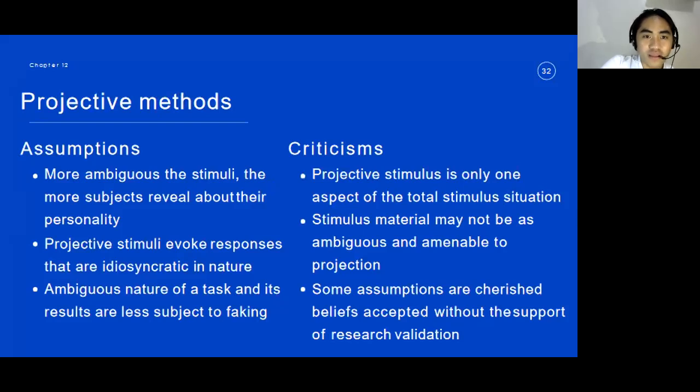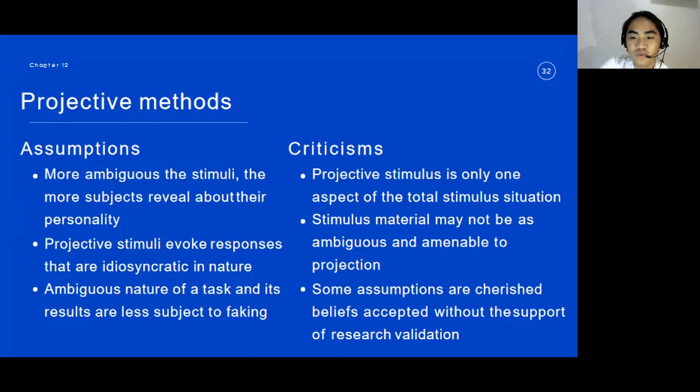Sorry. So right now there's more about projective methods, on pages 425 to 428. We've got some assumptions underpinning them, which would be fair game to assess, as well as criticisms of the projective test. One criticism is that the projective stimulus is only one aspect of the total stimulus situation. There are other things going on. The stimulus material may be so ambiguous that you can't interpret it, or so transparent that they know what you're asking.